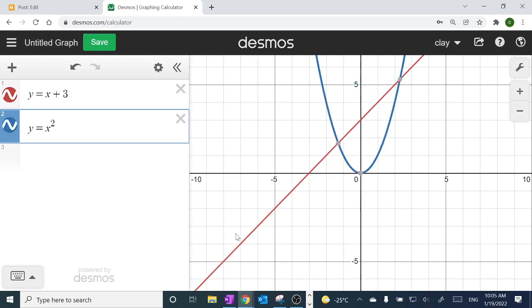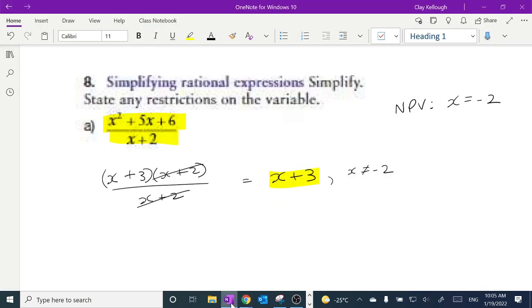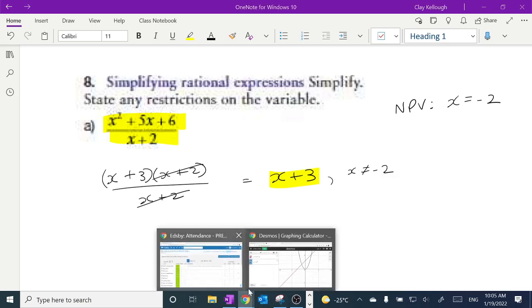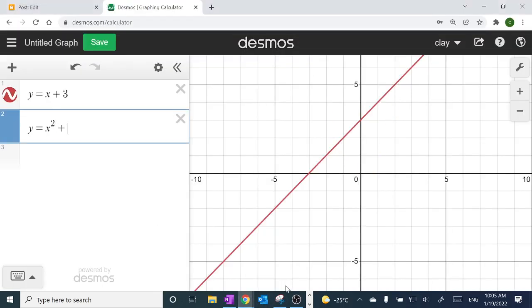What was it again? That's how good my memory is. Oh no, they were both pluses. Convinced myself they weren't. Plus 5x plus 6. And if you were going to use this program to make fancy graphs, if you want to divide, just highlight everything and then hit the slash button, and that's divide. And then what was it again? It was x plus 2.